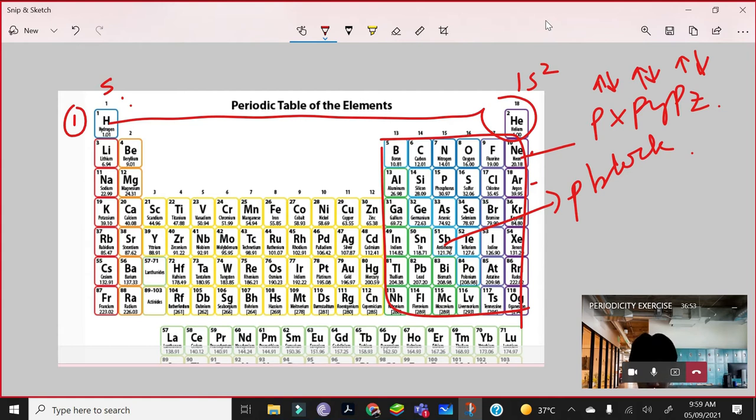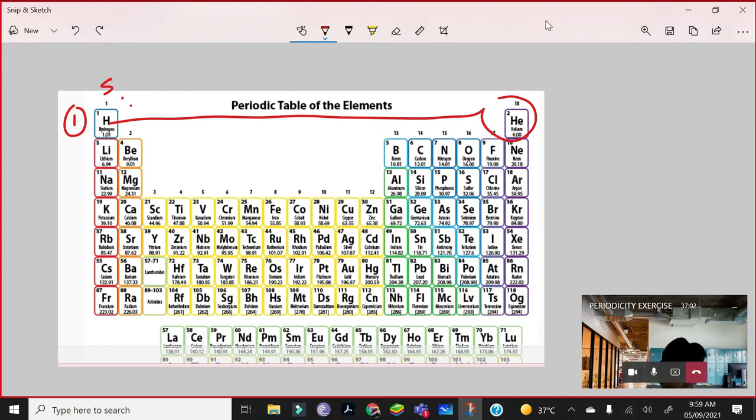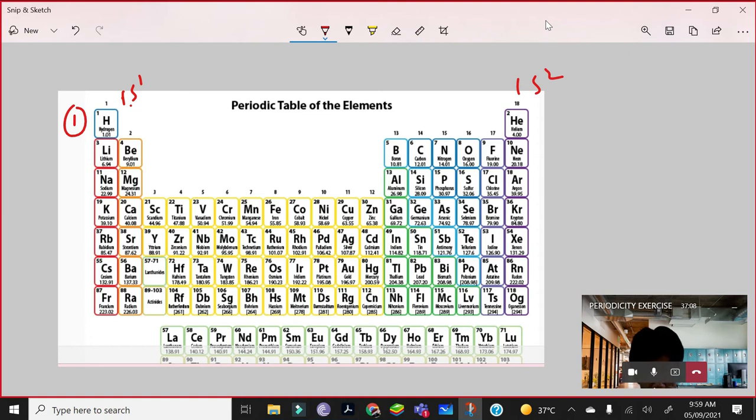Now how to do this locking of configuration: it is 1s1 and this one is 1s2. Now, period number 2, lithium will end up with 2s1. So this is 2s1, this one 2s2.